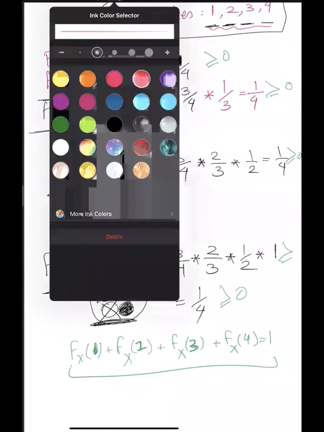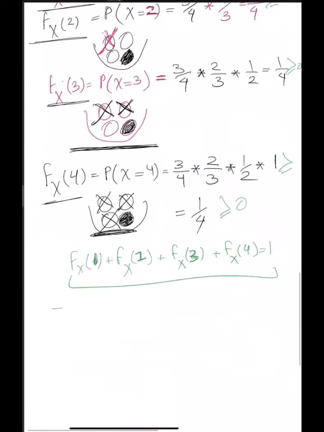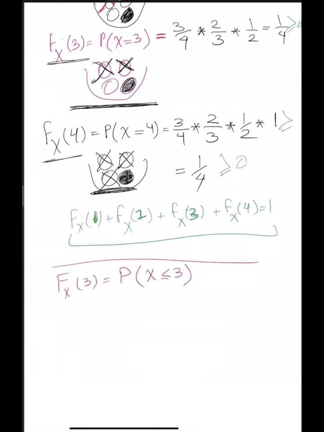And then I can also ask you about a cumulative distribution function. So I can ask you f of x3, for example, which is: what is the probability that the value of this random variable, which is the number of balls till we get to a black ball, is less than or equal to 3? It happens if x is 1, or if x is 2, or if x is 3.